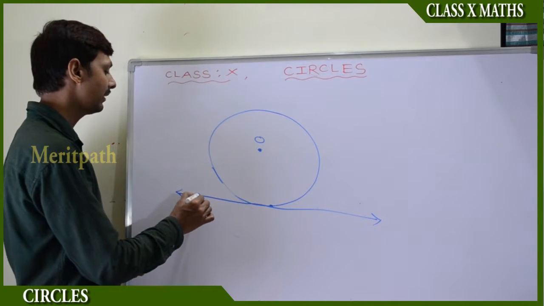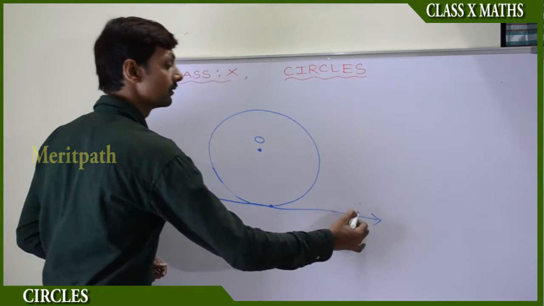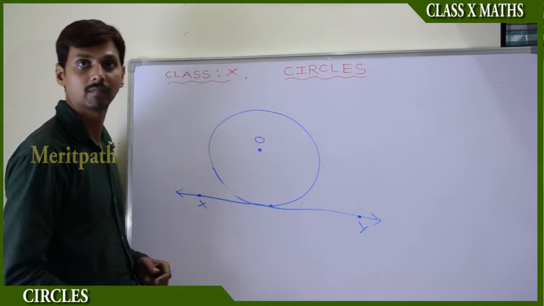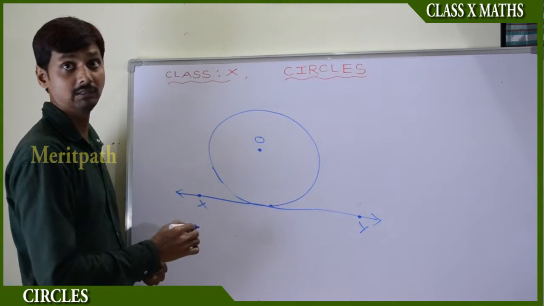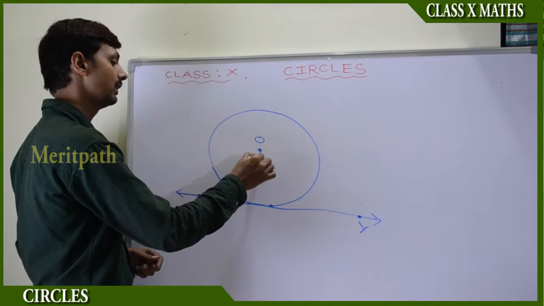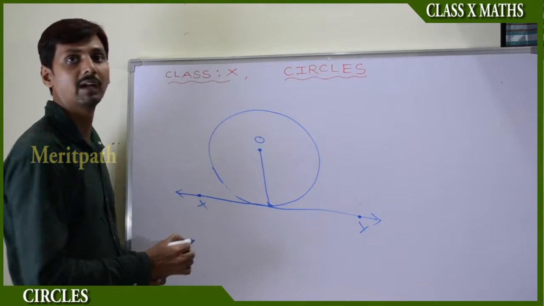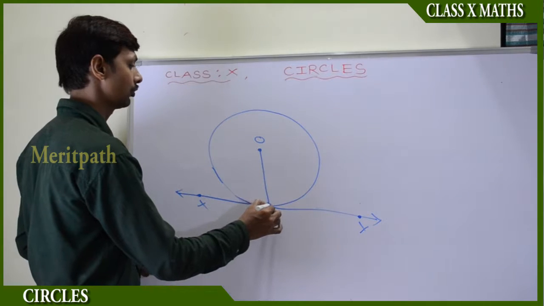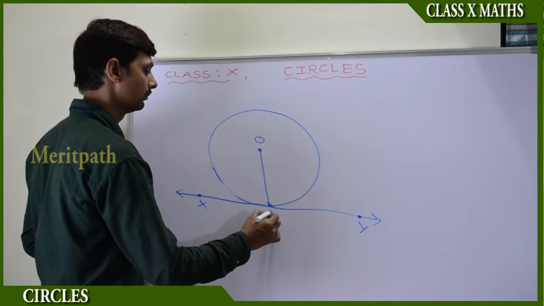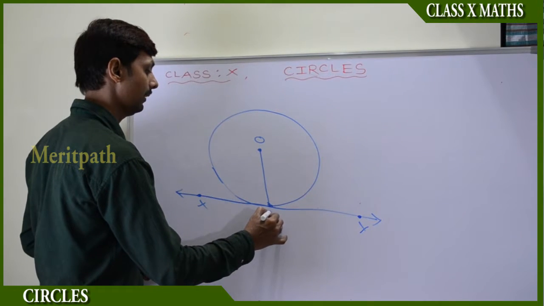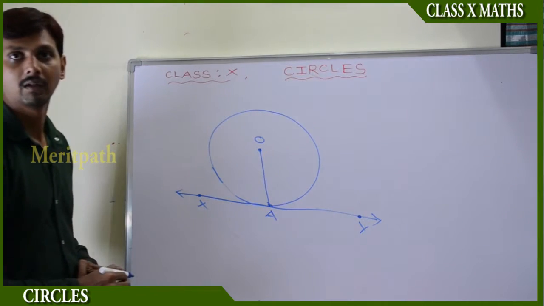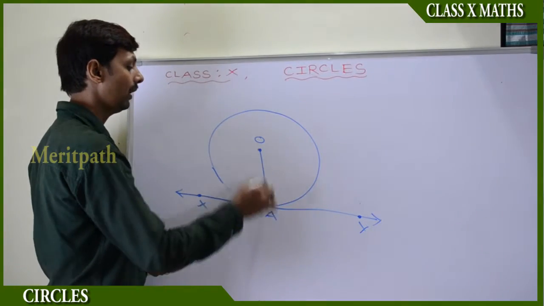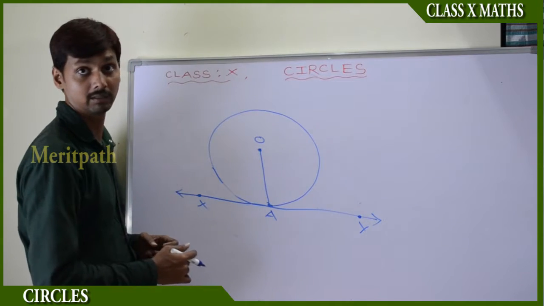Let's take this as XY. XY is a tangent to a circle, and O is the center of the circle. From O to the tangent, we have drawn a line, OA.